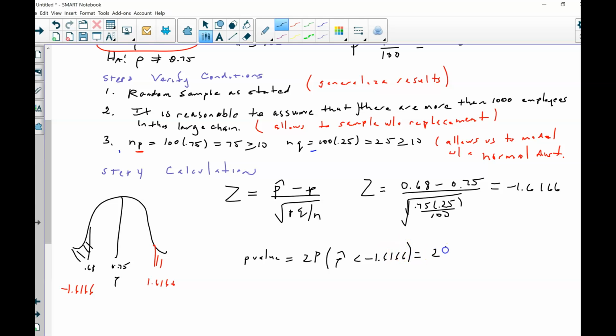That's twice the probability that z is going to be less than negative 1.6166. So the key point I want you to see here is that when you have that not equal case, what you're doing is you're doubling the area to whichever extreme you're going for. So if I have a negative z statistic, you're doubling that area under the curve.